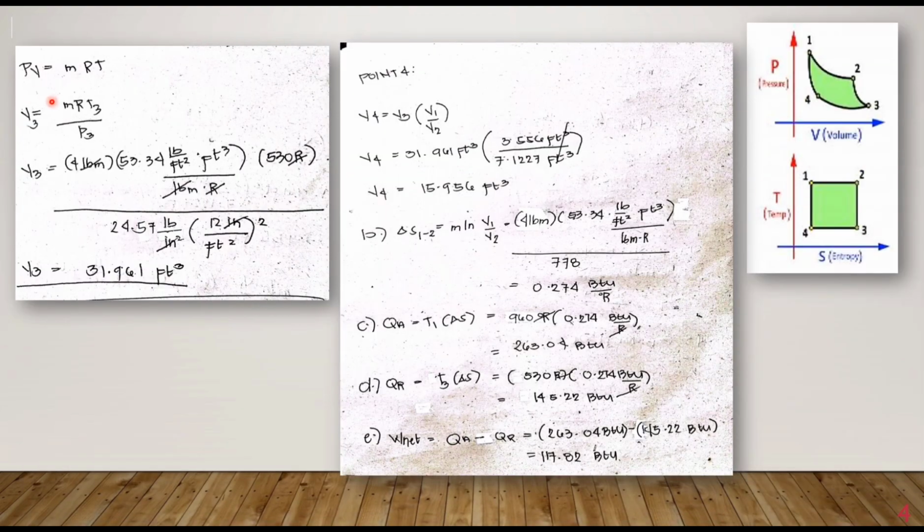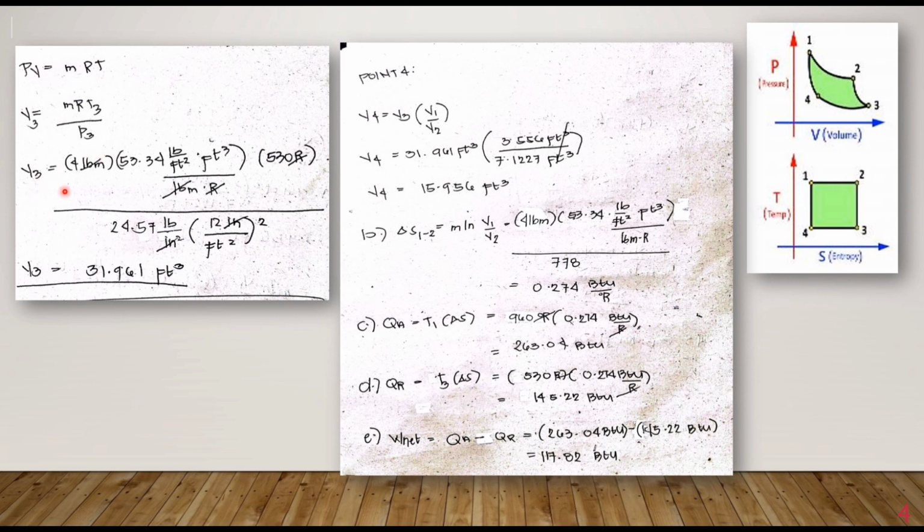Next, we are going to solve for V3. We are going to use the formula PV is equal to MRT and arrange this formula. So we get V3 is equal to MRT over P3. After that, we're going to substitute the given values.